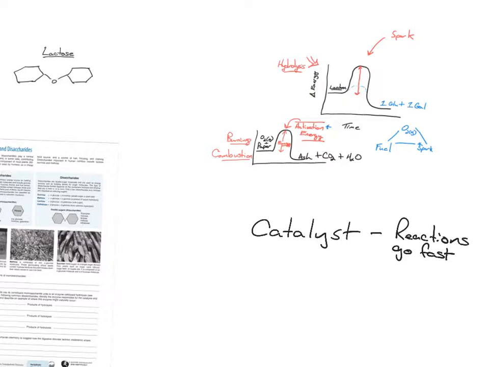Why? Because you're lowering the activation energy. It doesn't take as much energy for it to start. Your biological catalysts are known as enzymes. Enzymes are generally proteins, sometimes RNA, that make reactions go faster by lowering the activation energy. Does that make sense?